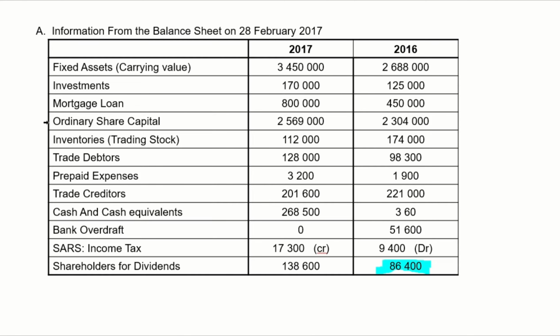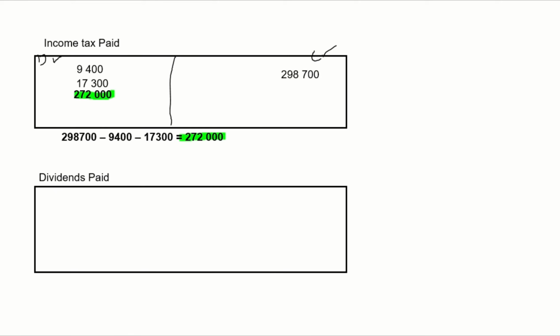So now, given that we have the 86,400 rands, we come here in our dividends paid. Now we're saying that we're gonna say 86,400 rands like that, and then we're going to add it with this year's interim dividends. All right.